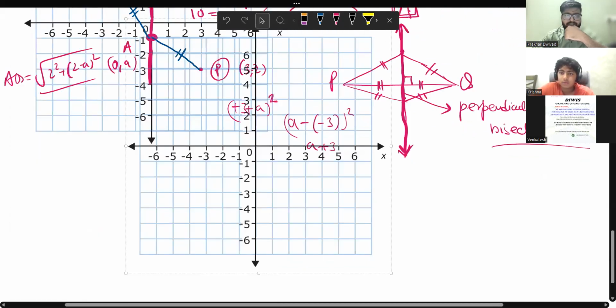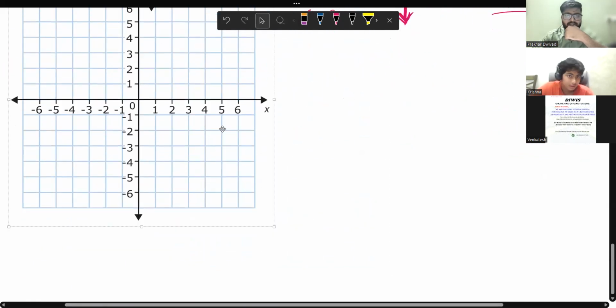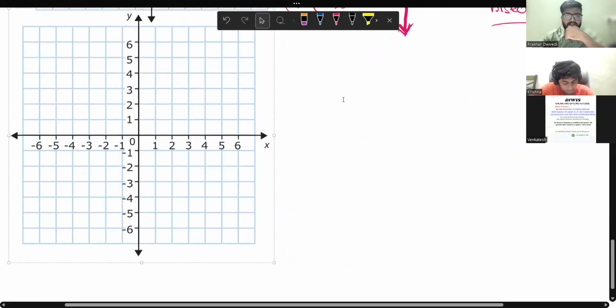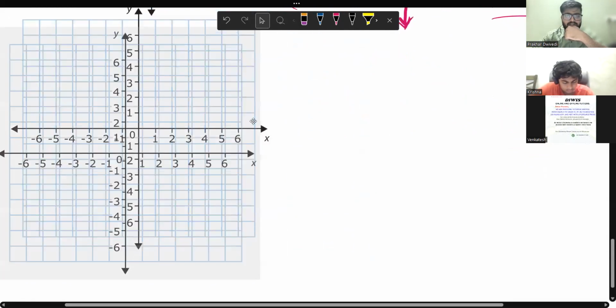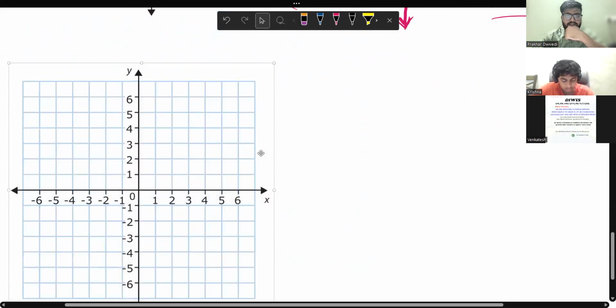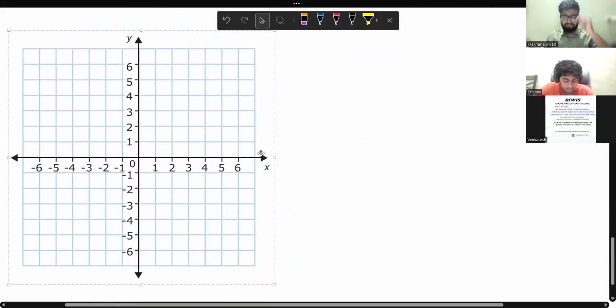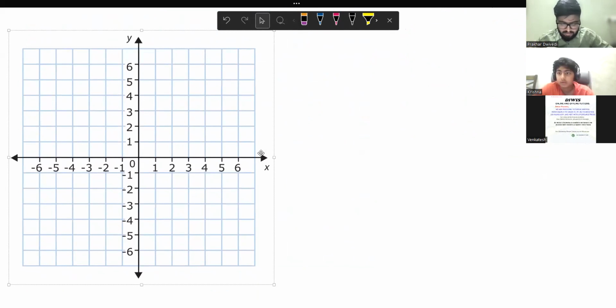So that means either RQ and PQ are equal, or PR and RQ are equal, or PQ and PR.